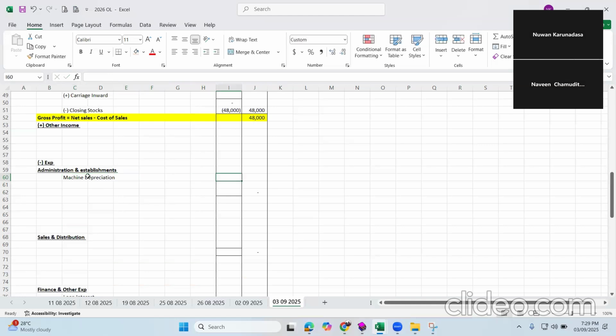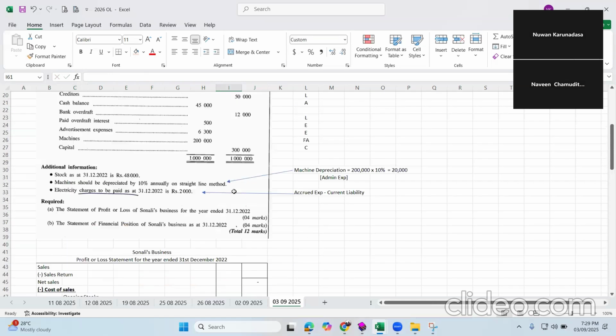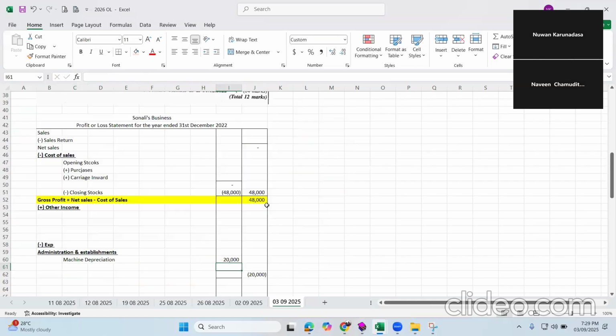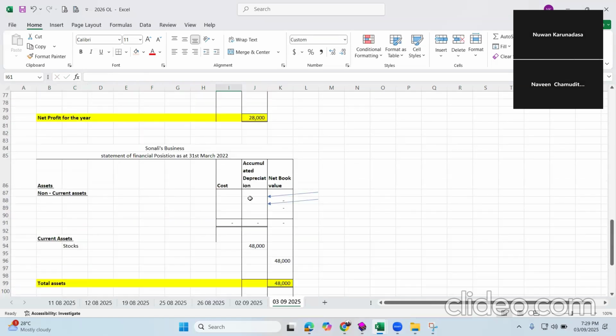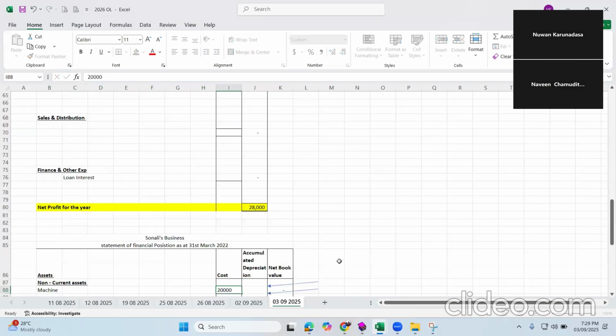Then the machine is a cost, it's an asset. You must write under the non-current assets, machine. Cost of the machine is how much here? Cost of the machine 200,000.